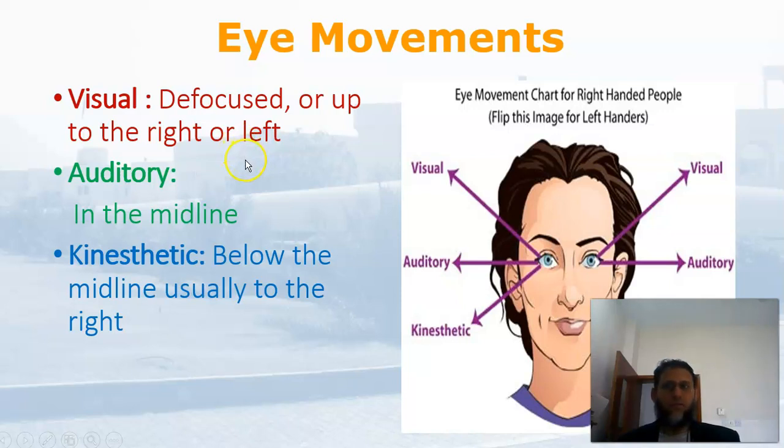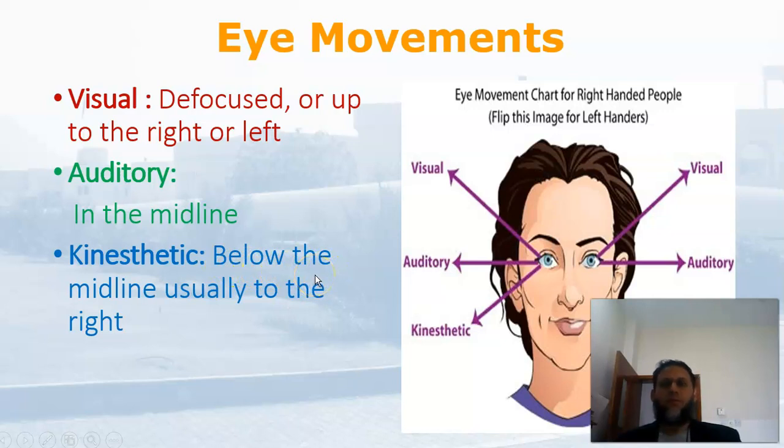This particular student is very comfortable in visual learning. If his eye contact is middle line, exactly middle line, the particular student is comfortable with auditory learning style. If his eye contact is below the middle, to the right, we call them very much comfortable with kinesthetic learning style.